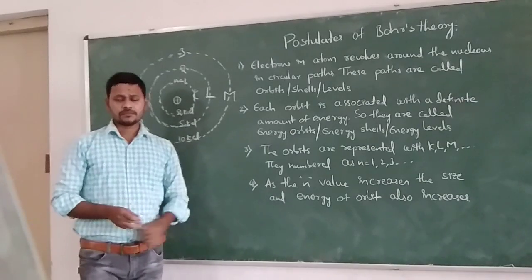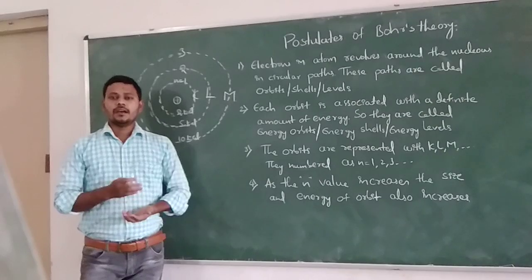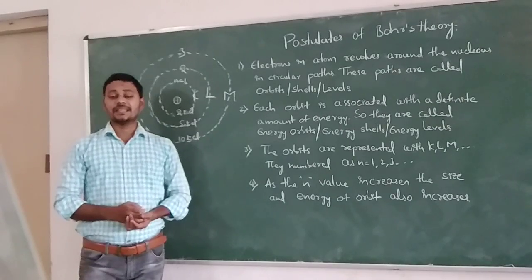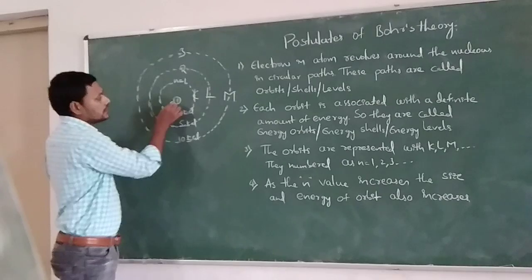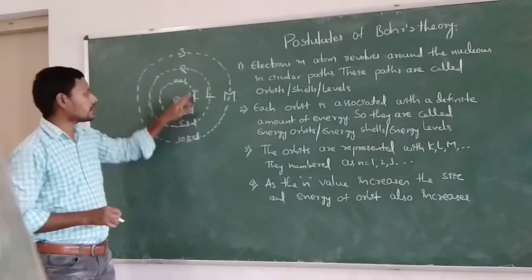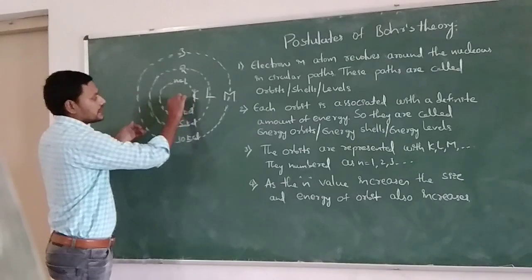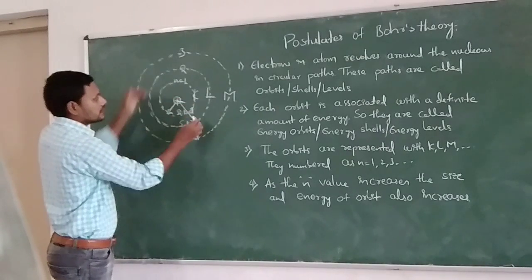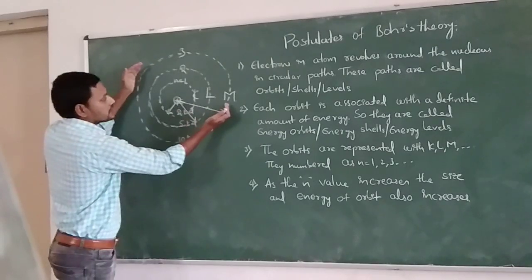And fourth point: as the n value increases, as the number of shells increases, the size and energy of the orbit also increase. See here, the radius of the first orbit is this much, which means the size is this much. Then the second shell size and the third shell size.